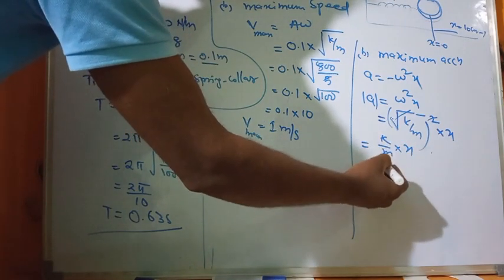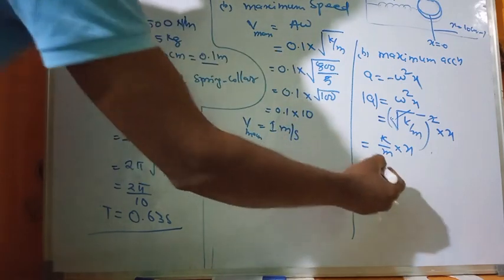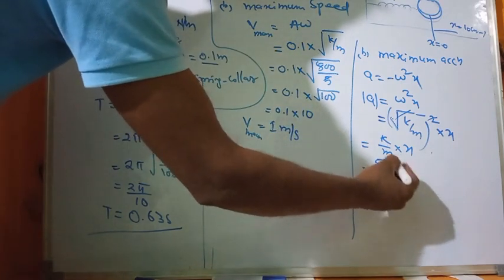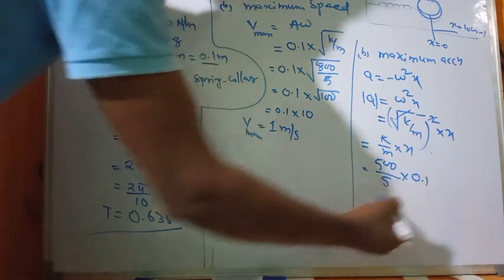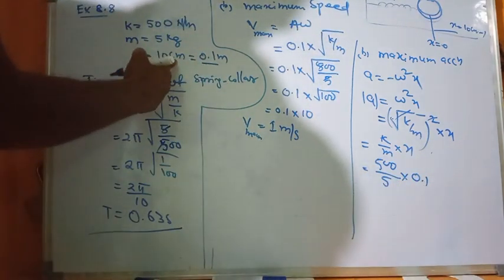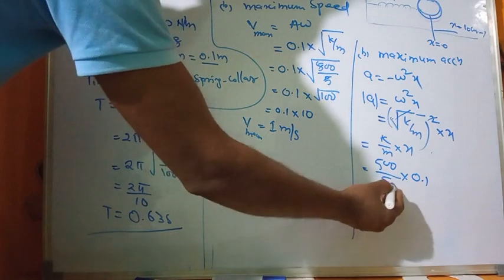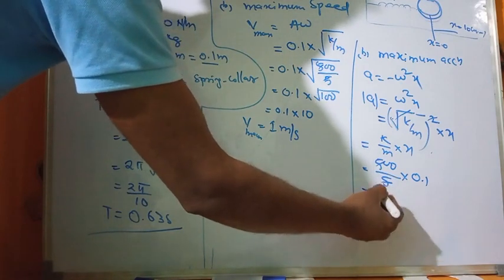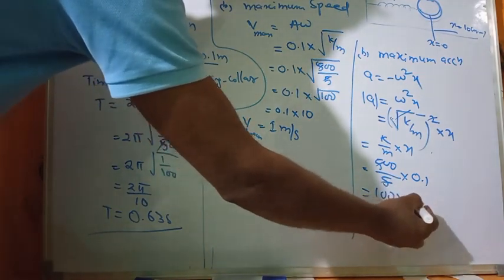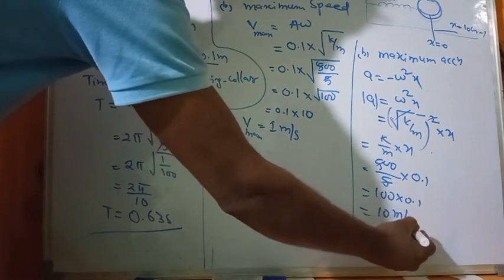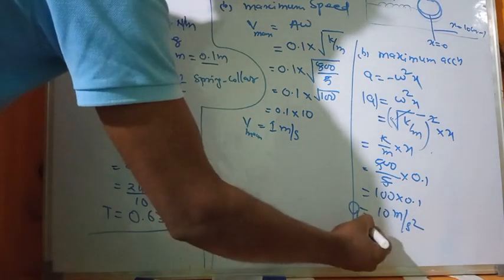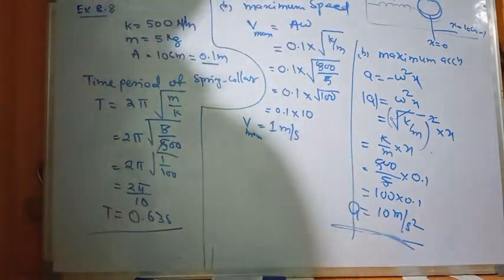K is the spring constant, 500, by mass 5, into x. X is equal to 0.1, that is 10 centimeters. The 5 cancels, that is equal to 100 into 0.1, and that is equal to 10 meter per second square. This is our maximum acceleration.